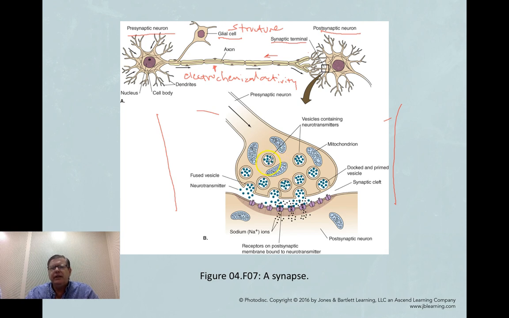Now, in here you see some small circles. These are containers of neurotransmitters. Neurotransmitters are the chemicals that enable signals to be transferred from one brain cell to another.